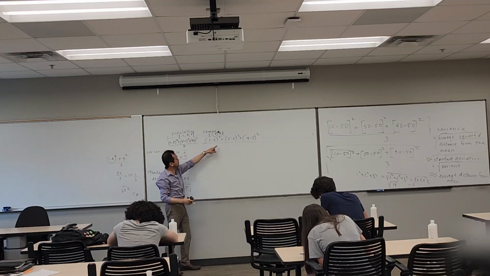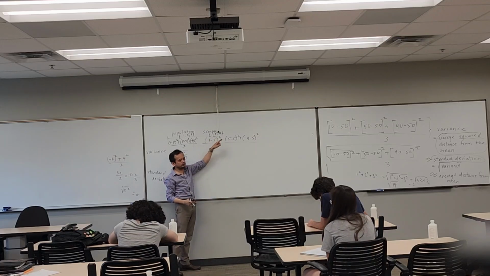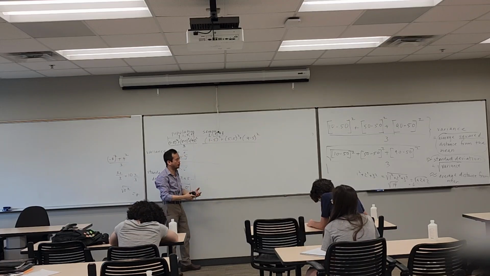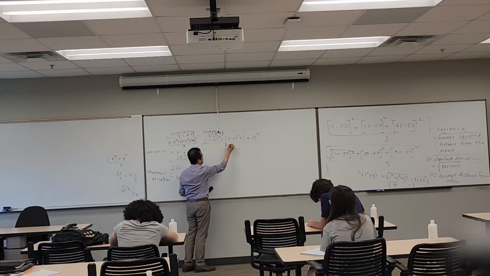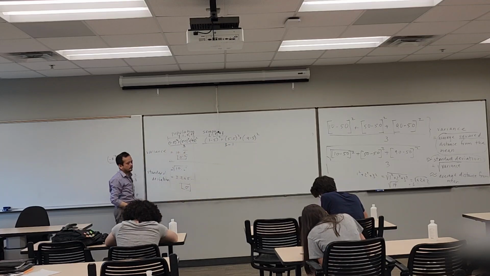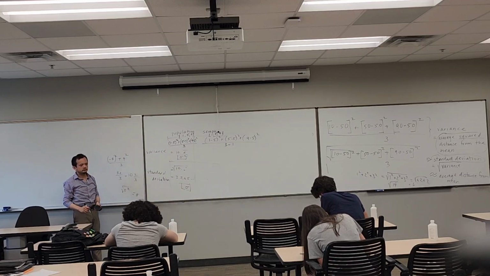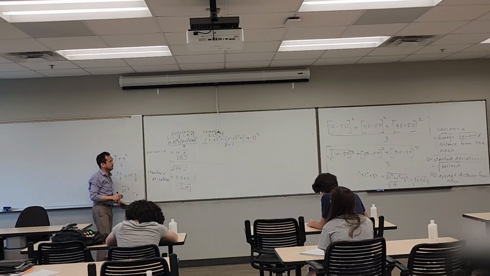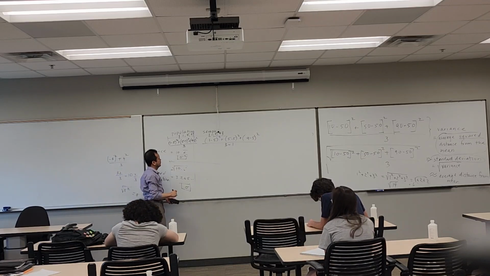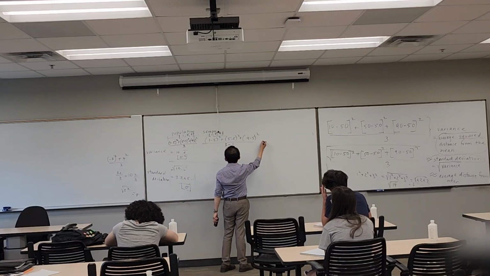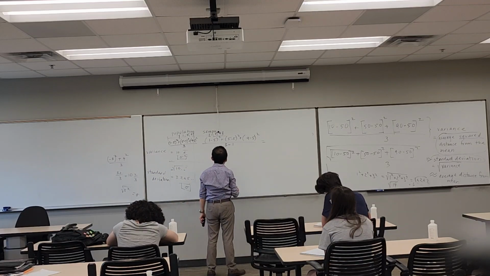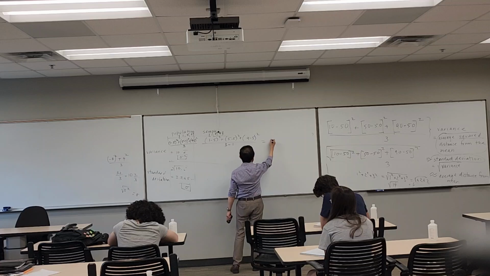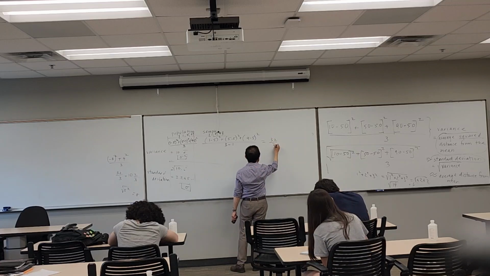And then instead of dividing by 3 data points, you're going to divide by the number of data points minus 1, which is 2. So if we calculate that, on top 32 divided by 2, we're going to get 16.